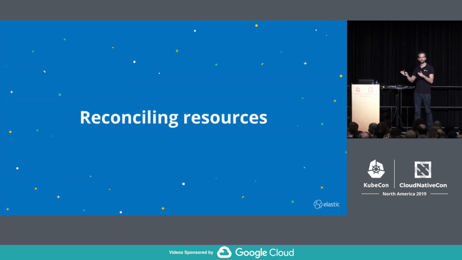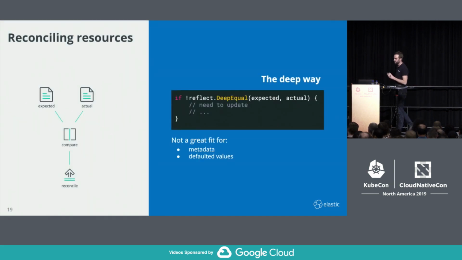There's an update operation here you need to do. And usually what happens is that internally in the code, you build this expected resource that you'd like to have in Kubernetes, and you compare that with the actual resource that you fetch from the cache. And then, based on this comparison, you decide whether you need to update the resource or not.